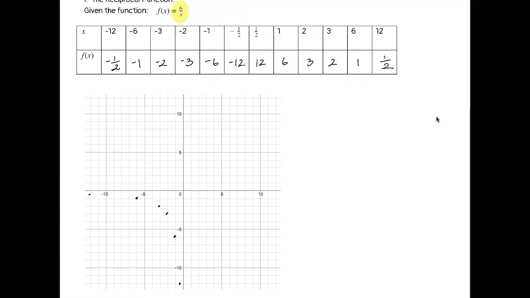Now I'm going to plot the other points. At x equals 1/2, I have a y value of 12; at 1, 6; at 2, 3; at 3, 2; at 6, 1; at 12, 1/2.